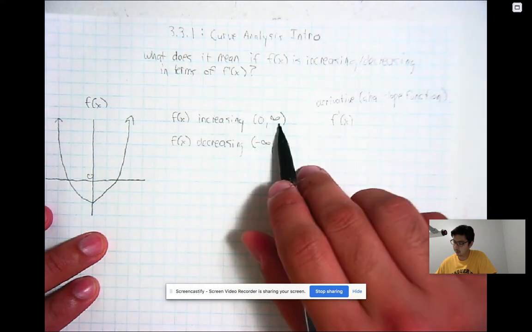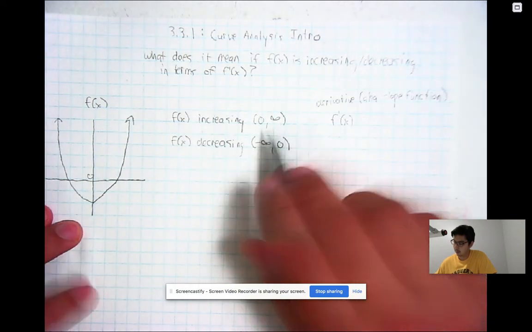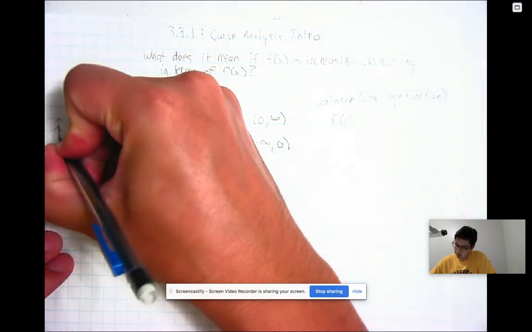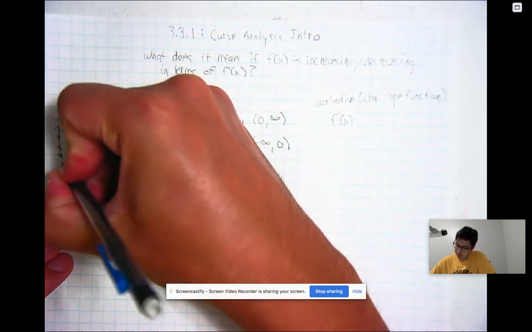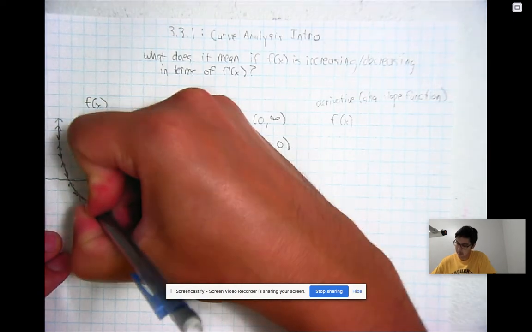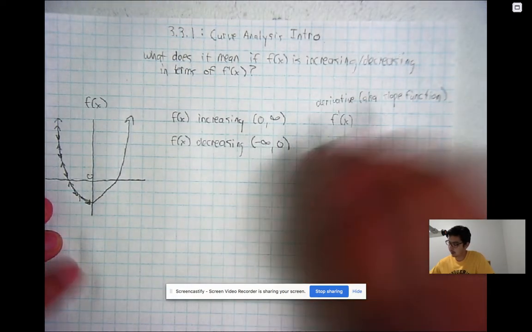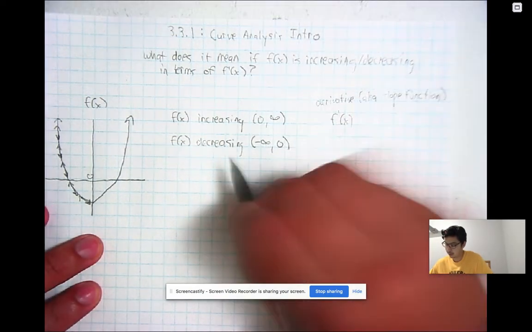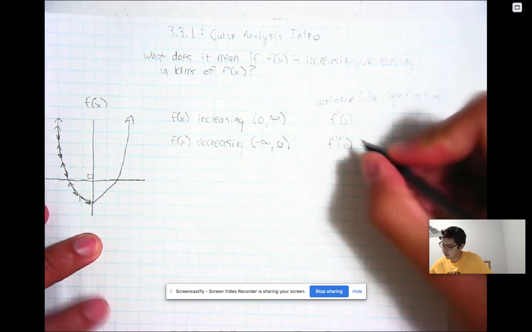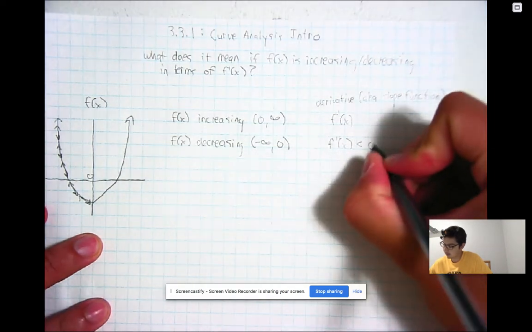On negative infinity to 0, we look at the slopes and these all have negative slopes, so f prime of x is less than 0.